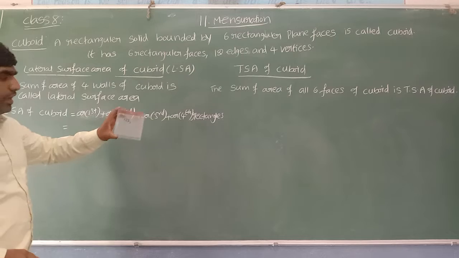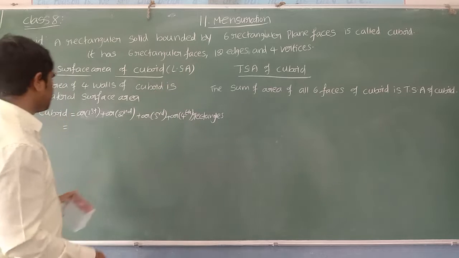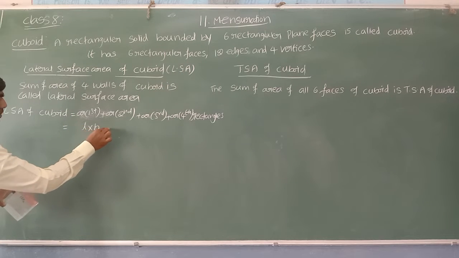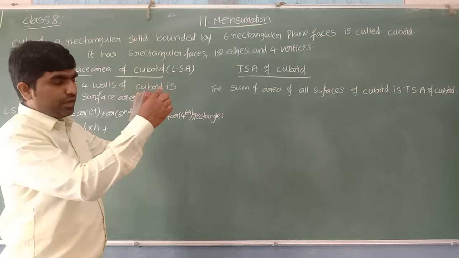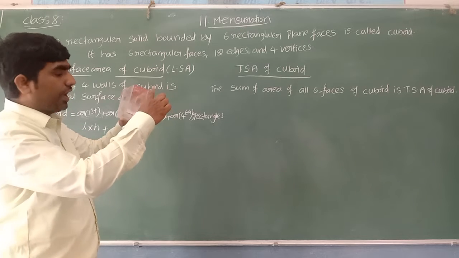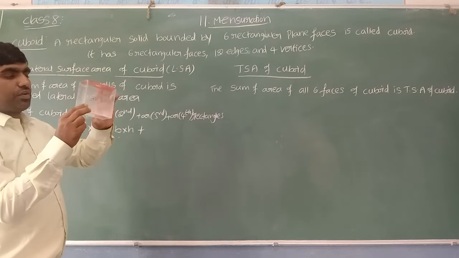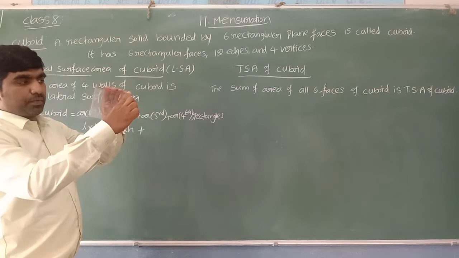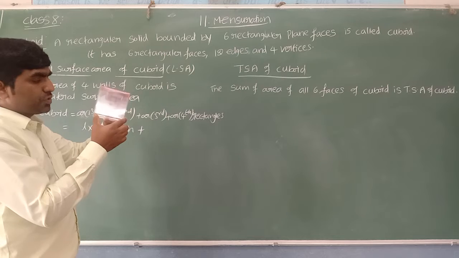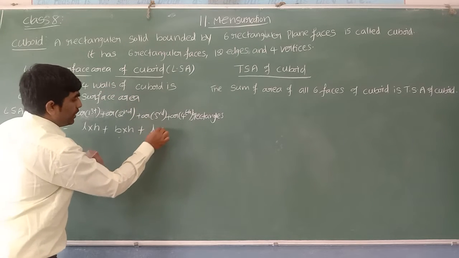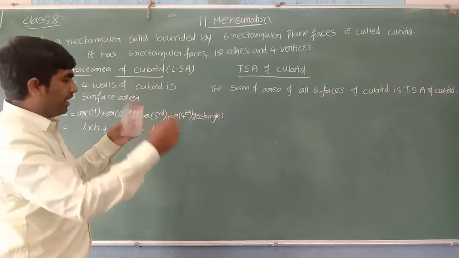Area of rectangle is length into breadth, but here the breadth means height. So L into H, plus the second face, breadth into height, plus area of the third face, length into height, plus area of the fourth face, breadth into height.